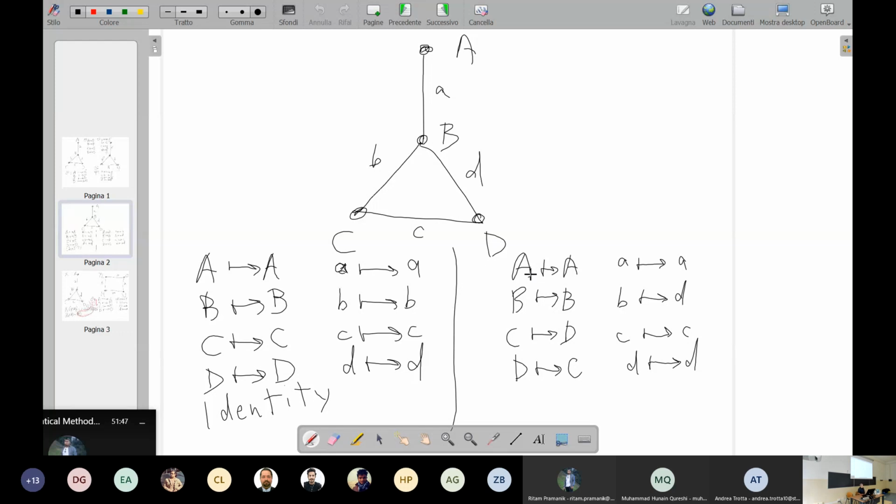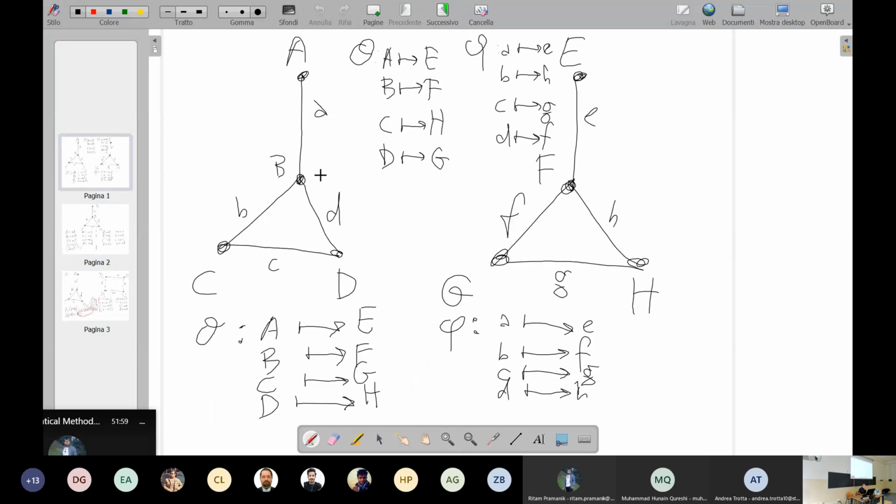Okay, look, when I have a simple graph, actually a legitimate isomorphism can be given just by saying where the vertices go.